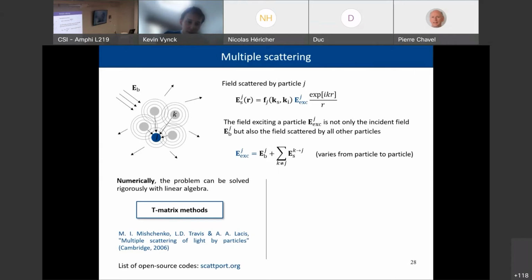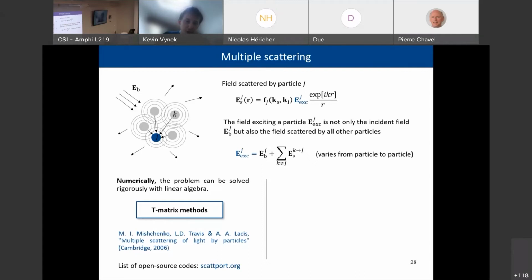For instance, there is an excellent book by Mikhail Mishchenko on the topic. And there is also a list of open source codes to solve a multiple scattering problem that you can find on scatport.org. It's a website that is handled by Thomas Wriedt in Bremen, in Germany. It's very, very useful.